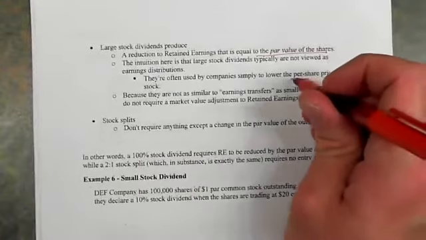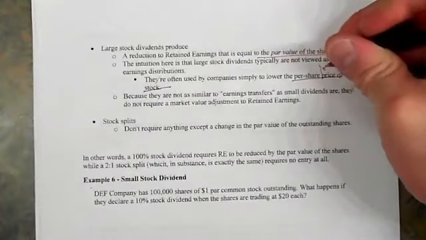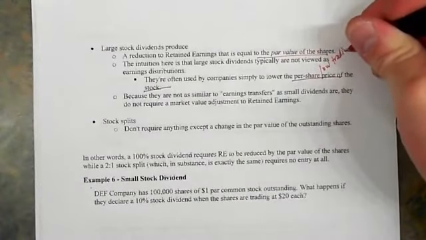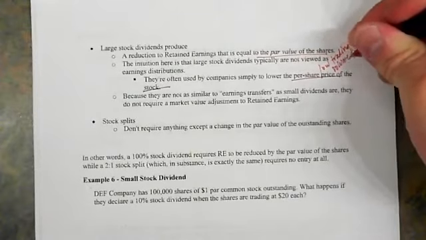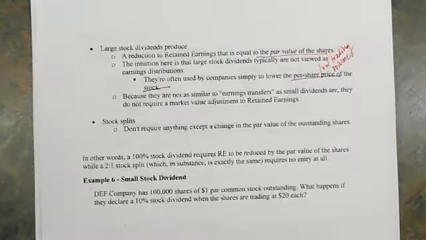And so if there's a liquidity issue in terms of a low trading volume, maybe the price of the stock is too much per share. Well, when you increase the number of shares that are available by 50%, this is going to reduce the per share price.